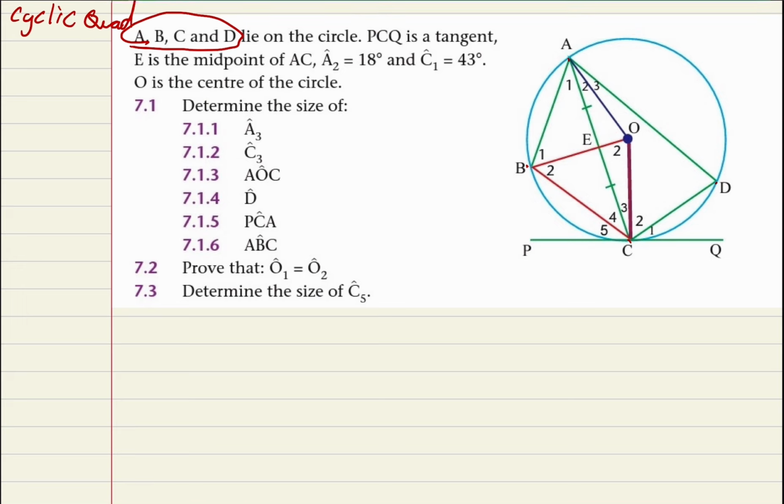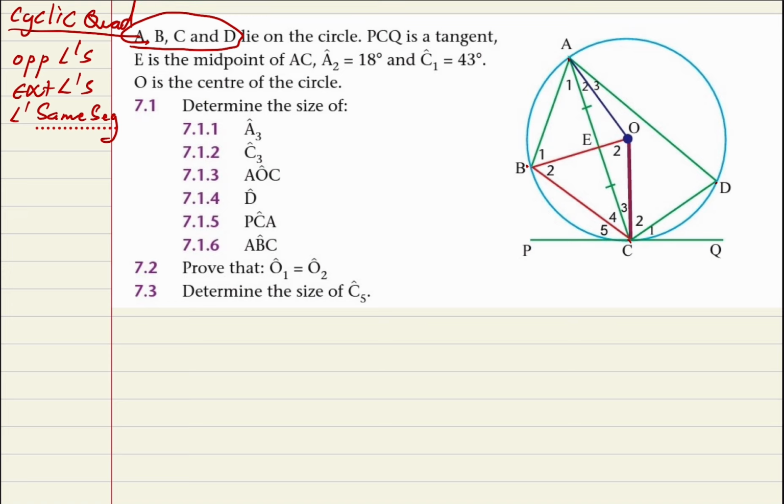So automatically we expect opposite angles, we expect exterior angles, we expect angles in the same segment. That's what we are expecting, because they have told us about this cyclic quad. Why do they tell us about these vertices? It's because they lie on the circumference. That means that it is a cyclic quad.